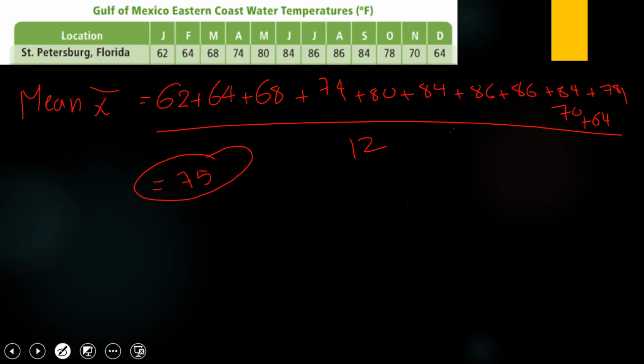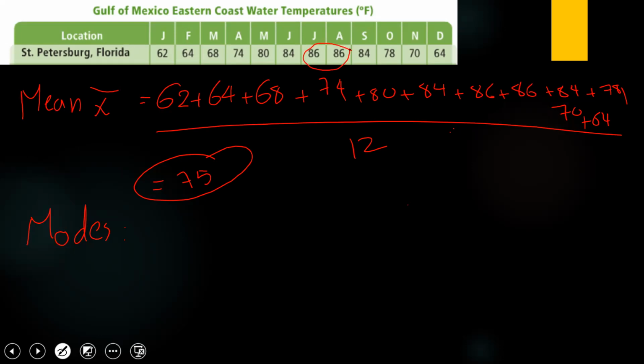Now let's find the modes. What's the definition of mode? It's the most frequent value. Which number is occurring more than one time? 86. Here we have 86. It's repeated 2 times.